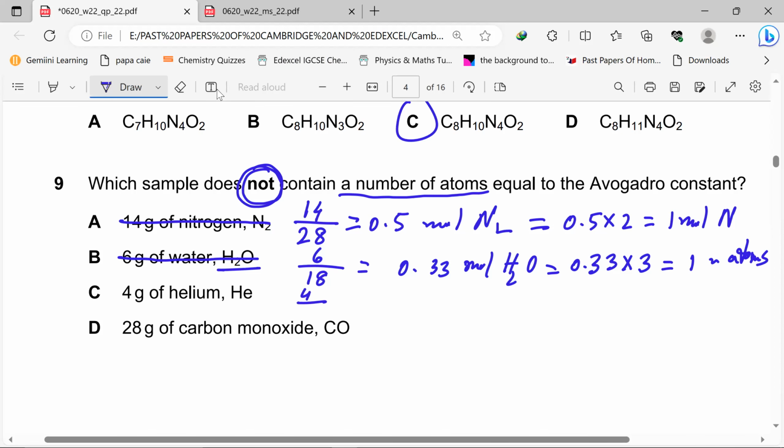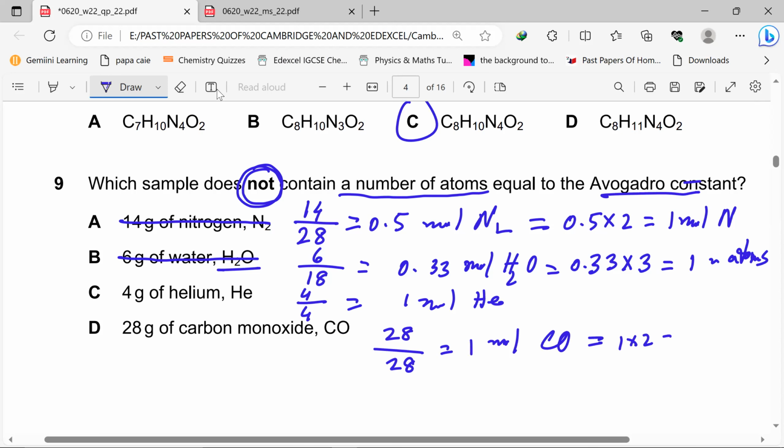4 gram divided by helium. Helium is also 4. And we know helium is monatomic. So we have 1 mole of helium here, which is equal to the Avogadro constant. And 28 gram carbon monoxide, you see, 28 divided by carbon is 12 and oxygen is 16, which is 28, which is 1 mole carbon monoxide, means 1 times 2, which is 2 moles of atoms.